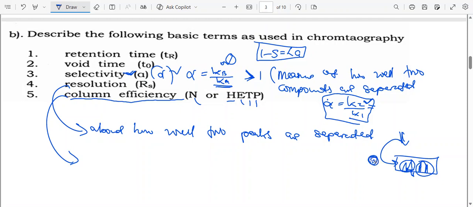So the resolution of an instrument matters as you are doing this chromatography. Retention time is the time it actually takes, and then there's also peak width.